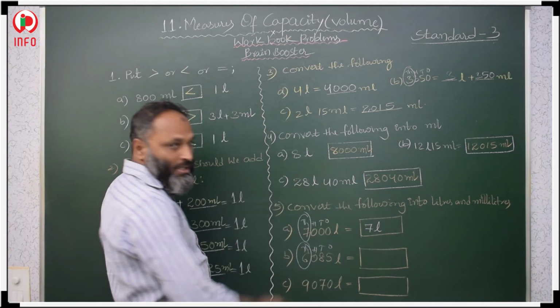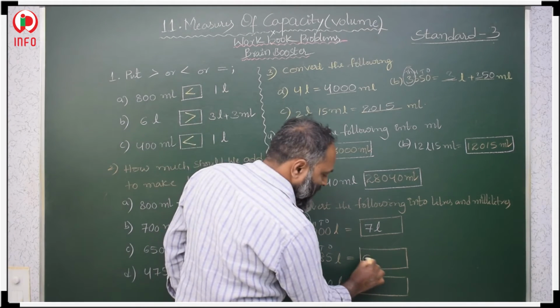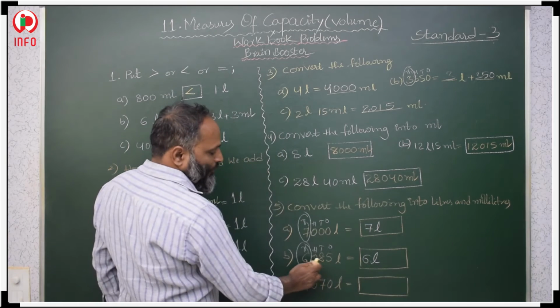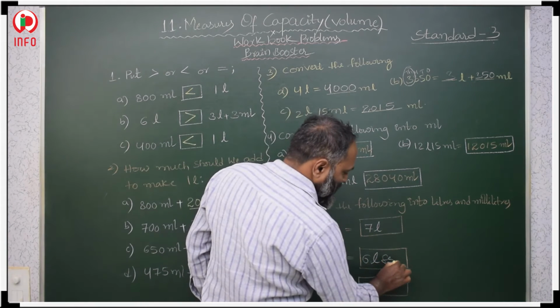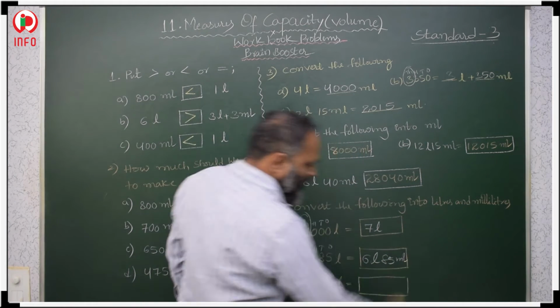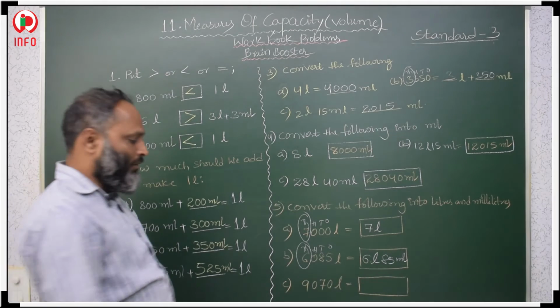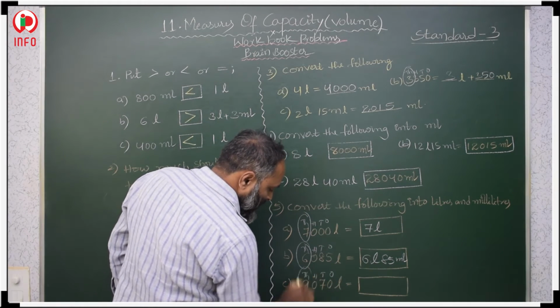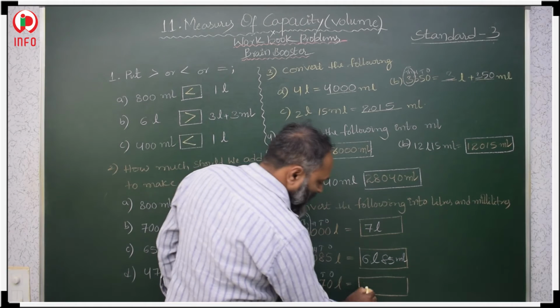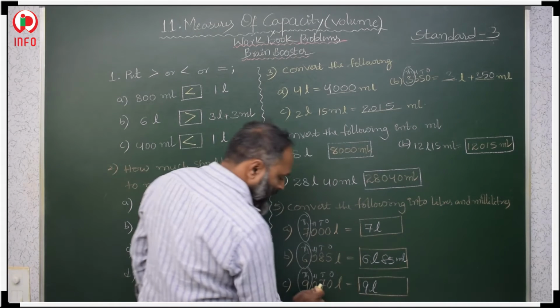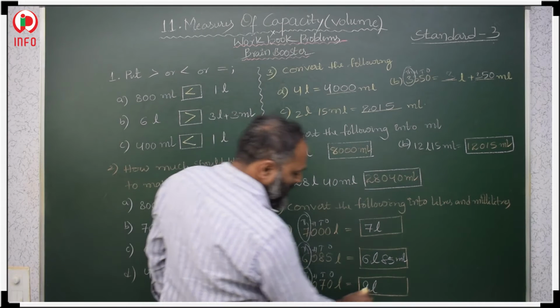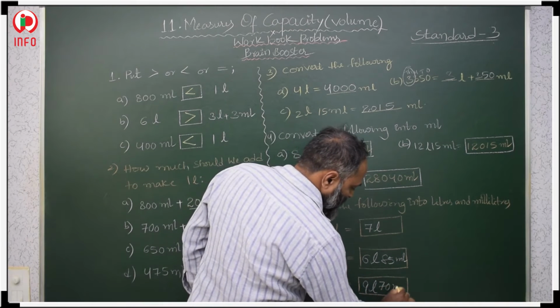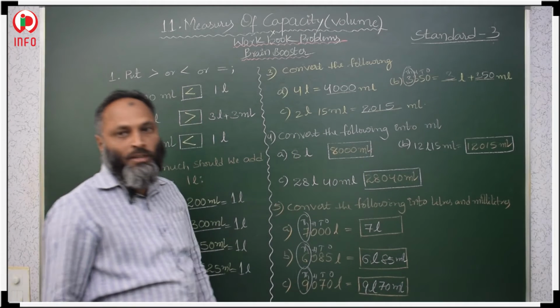In the thousands place 6 is given. That means 6 liters. And 085 means 85 milliliters. Now ones, tens, 100 and 1000. In 9070 we have 9 liters, and the remaining milliliters 070 means 70. This is the conversion. Okay.